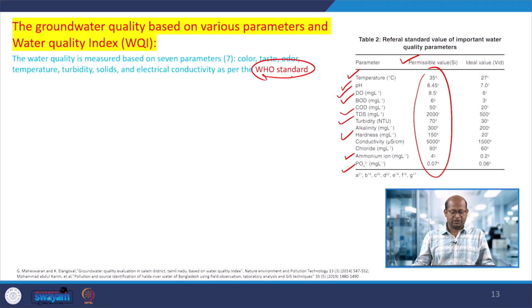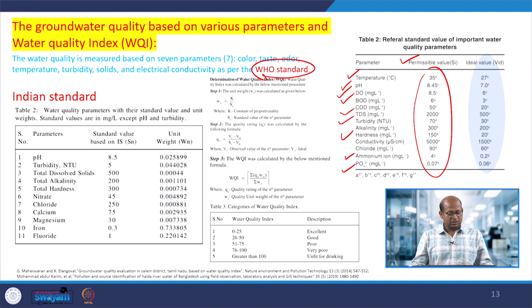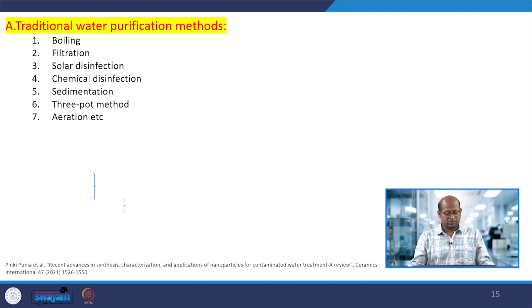As per WHO standards, this is the quality of water that is usable, and Indian standards are also available here, considering pH, other components, temperature, turbidity and the metal ions present, particularly calcium, chloride and magnesium. So that is the Indian standard. Now the methods of separation.